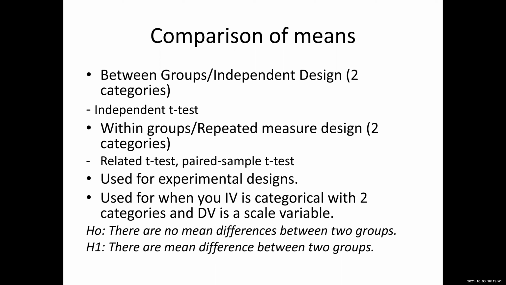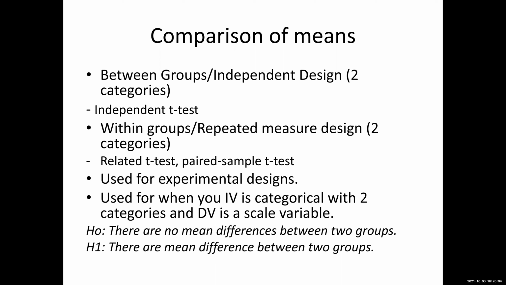In that case, this design would be an independent sample t-test design, and we will use the independent t-test to see whether there are any significant mean differences on height between male and female groups. We also call it the between group design.